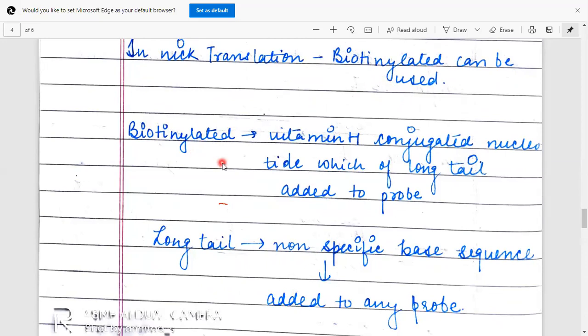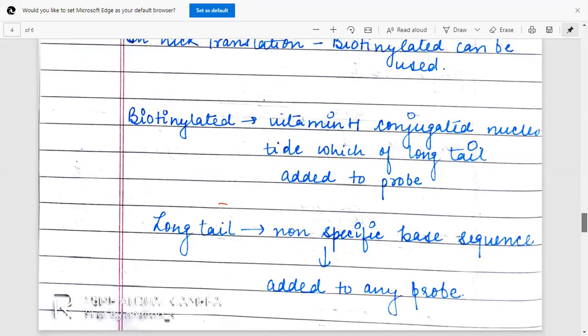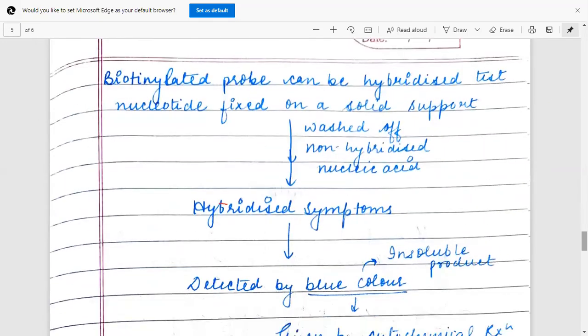So what is biotinylated? Biotinylated means vitamin H conjugated nucleotides with a long tail added to the probe, so long tail non-specific base sequences added to any probe. This biotinylated probe can be hybridized to the targeted nucleotide fixed on a solid support, for example a membrane, then washed off to remove the non-hybridized complementary nucleic acid.